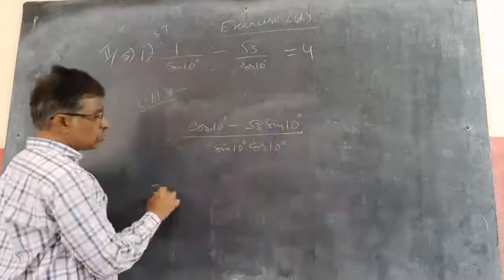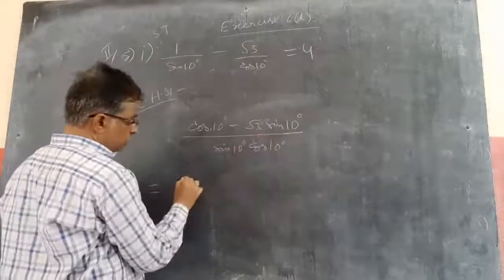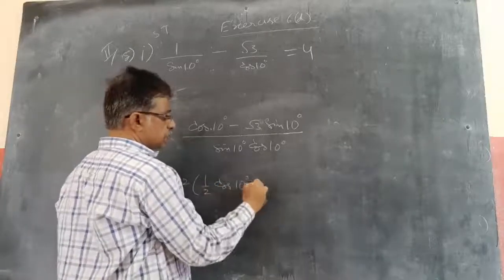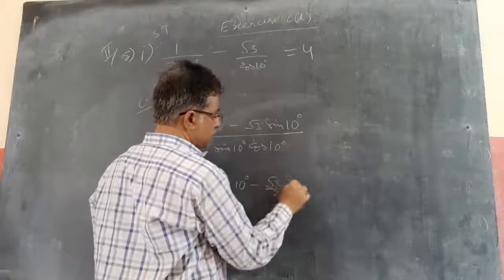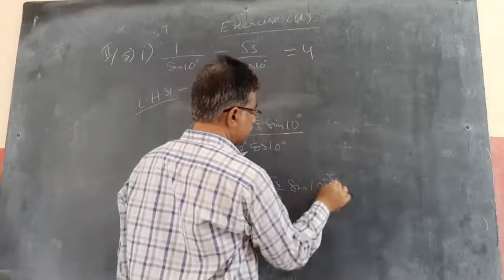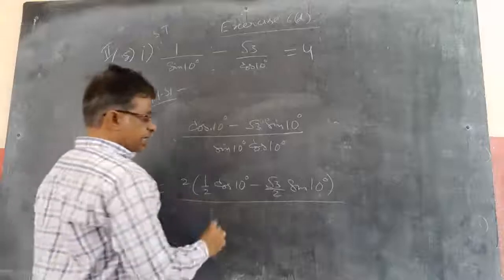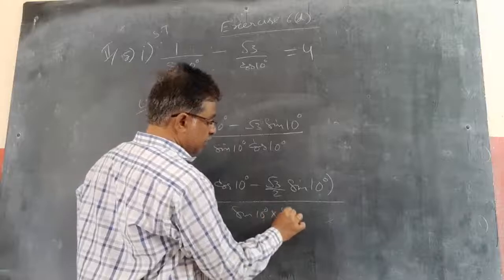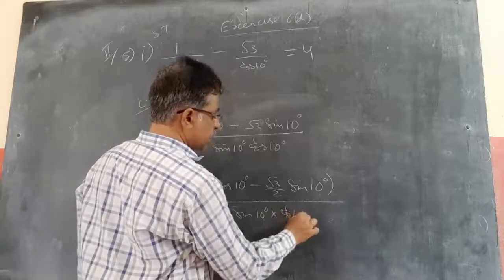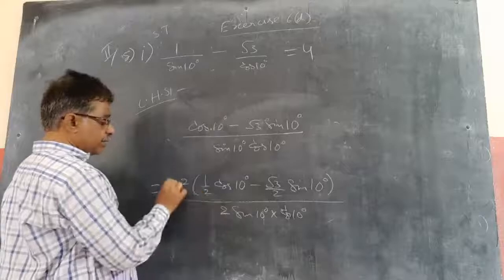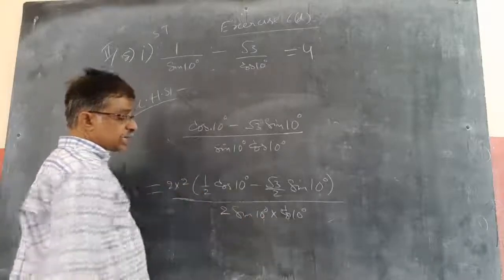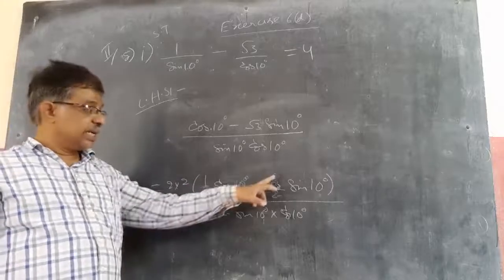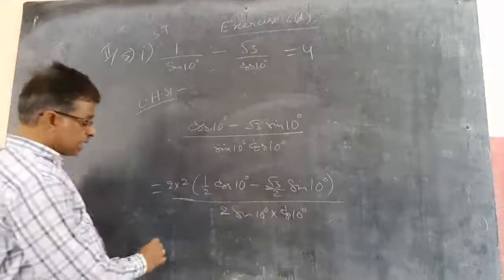Now I can do into 2 by 2: 2 into 1 by 2 cos 10 minus root 3 by 2 sin 10, divided by sin 10 cos 10 as it is, and into 2 by 2 again, so that this becomes 2 sin theta cos theta. In place of 1 by 2 I can write sin 30 degrees, in place of root 3 by 2 I can write cos 30 degrees.